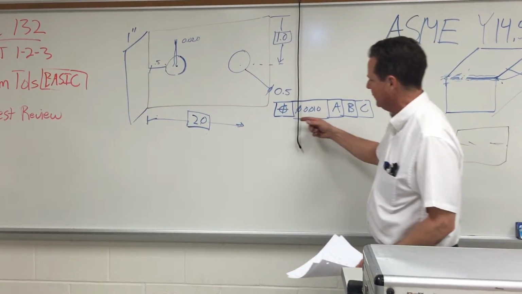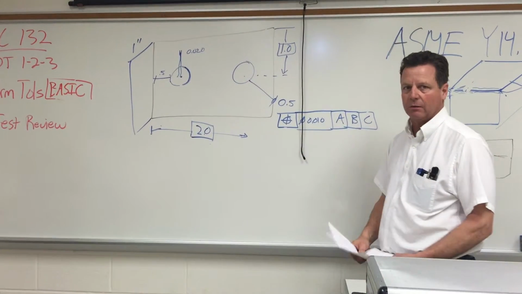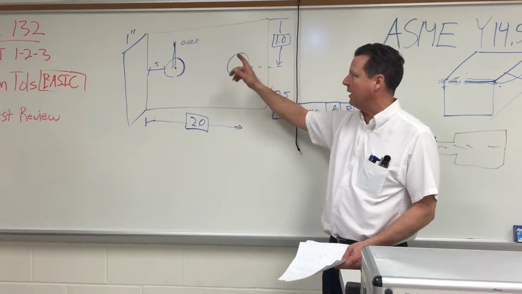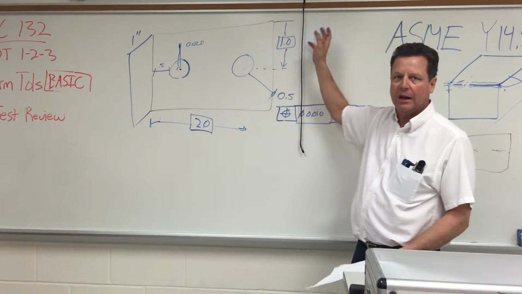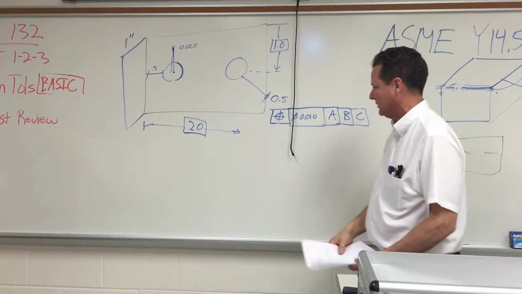All right, here is the feature control frame that is connected to the tolerance zone. And the tolerance, it's important to say, is applied to features and not to dimensions. That's why they're called basic dimensions, I believe.